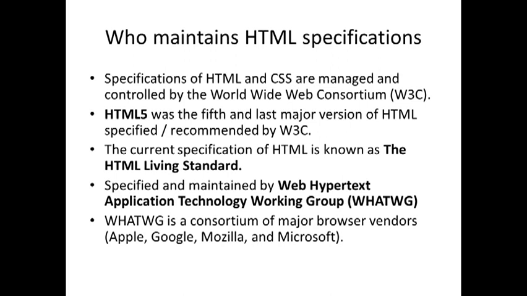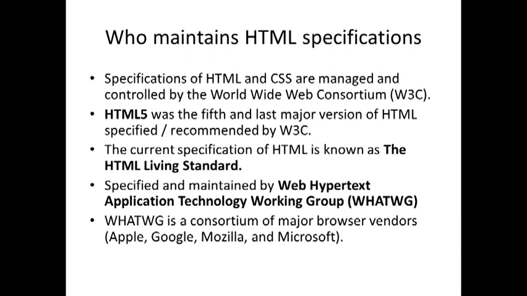The last major version of HTML which was specified or recommended by W3C is HTML5. The current specification of HTML is known as the HTML Living Standard, and this is specified and maintained not by W3C but by another group known as WHAT-WG, which stands for Web Hypertext Application Technology Working Group.